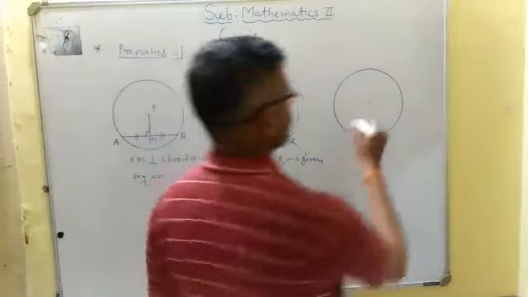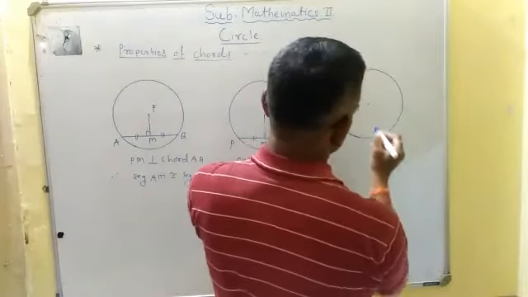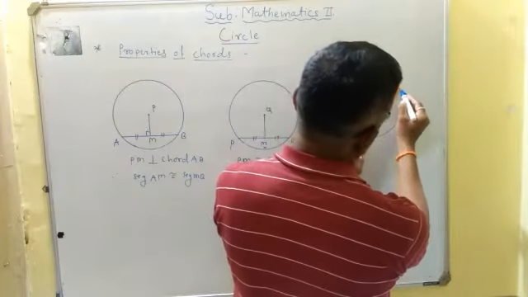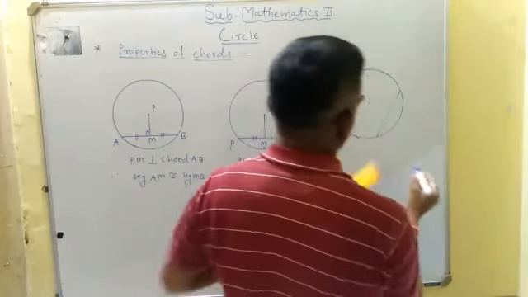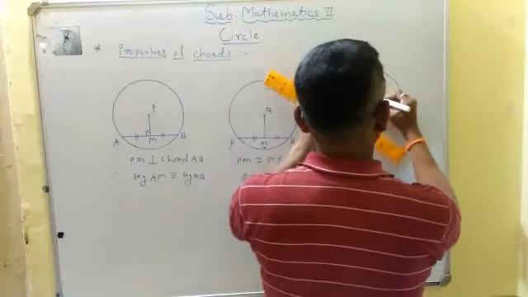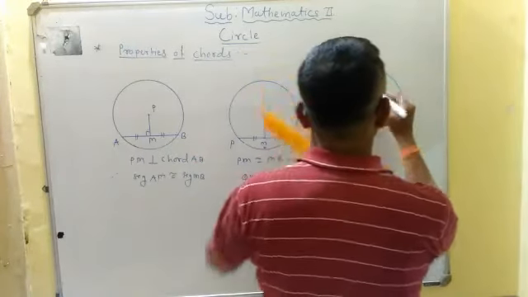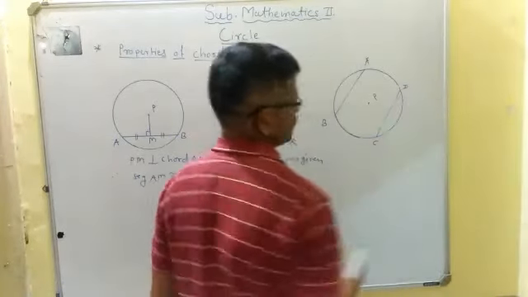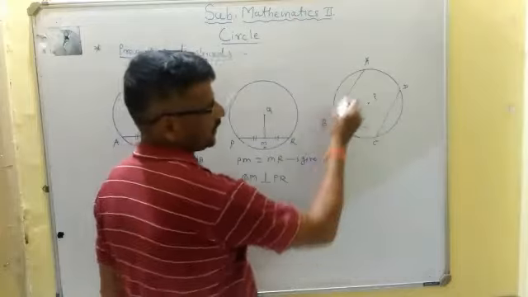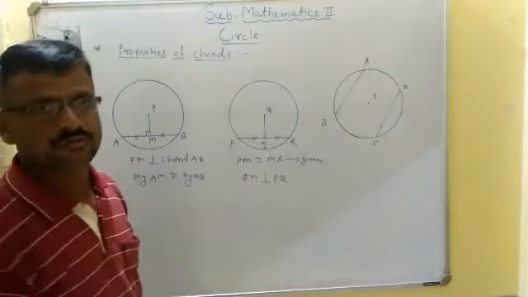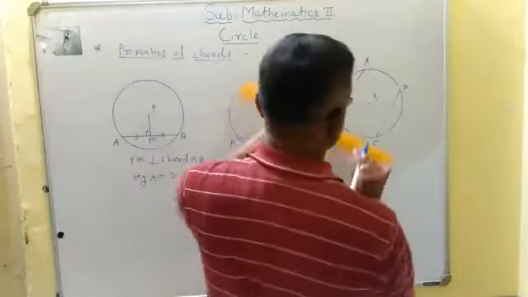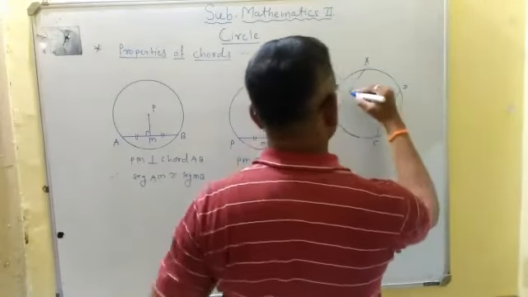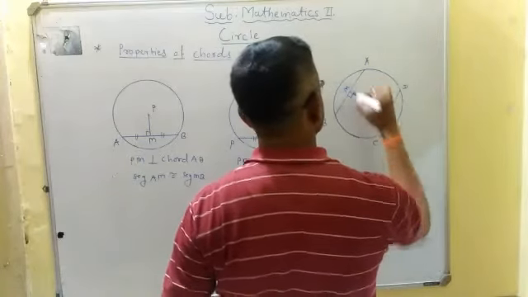And also in the case of congruent chords, suppose we consider congruent chords of the circle and draw the perpendiculars. Suppose P is the center of the circle, the first chord is AB and the second chord is CD. Both are congruent chords. Then when you construct the perpendicular, that means the distance of the chord from the center, that is PM here.